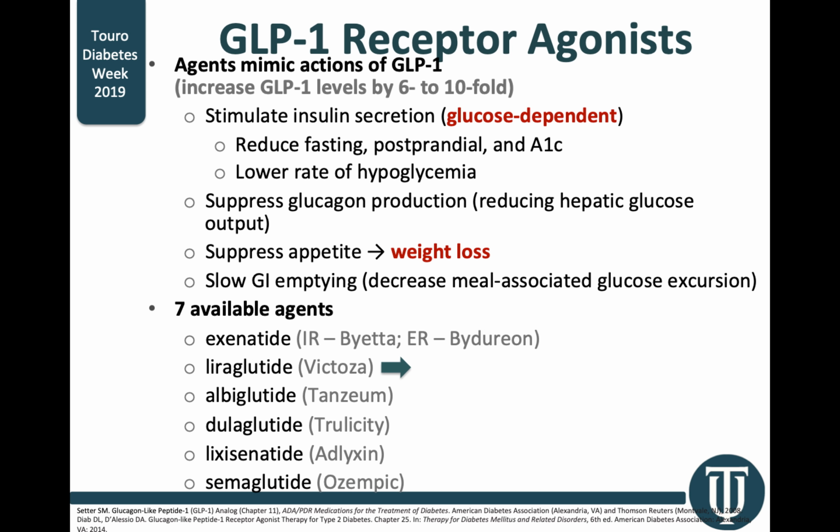So semaglutide was just approved last month. So one thing that I would like to point out, liraglutide or Victoza, there is a new indication. So liraglutide will not only be used for diabetes, it can be used for something else. And I will have a slide later on to talk more about this.